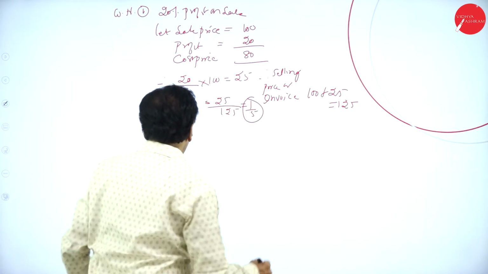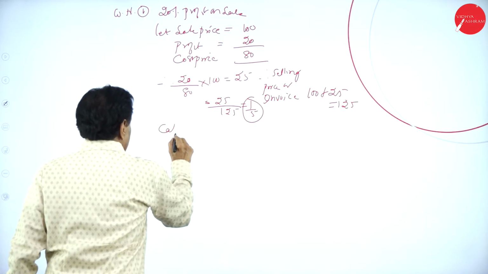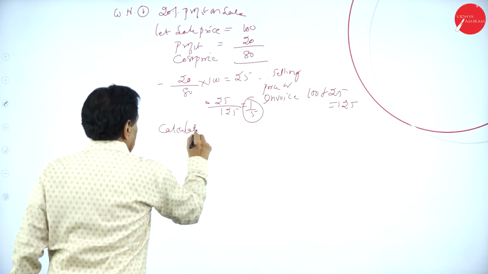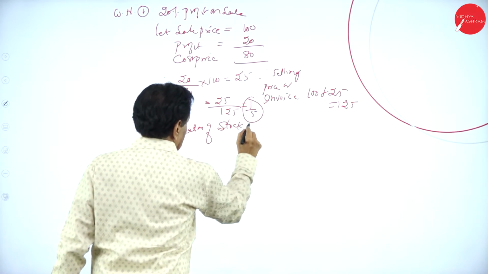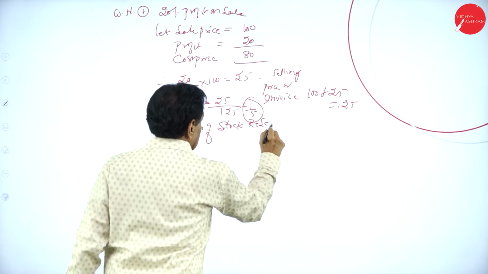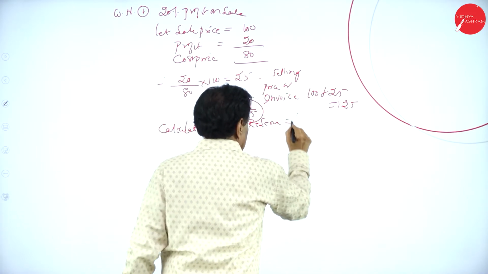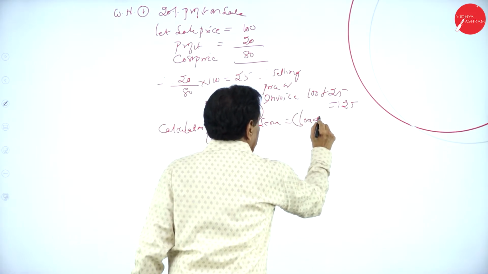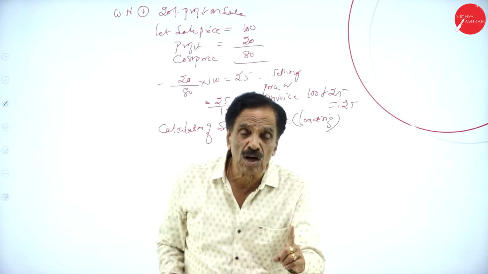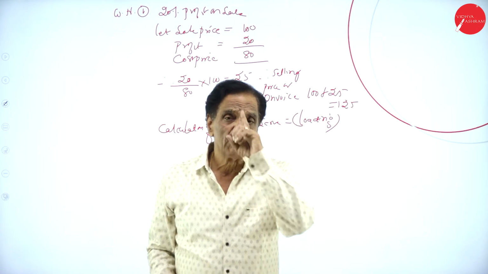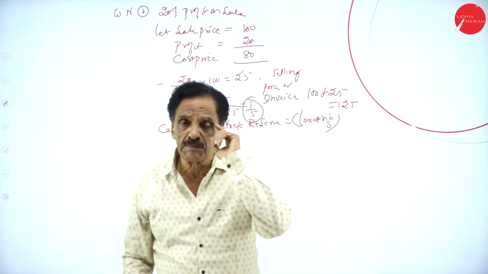We'll move on. Calculation of stock reserve, which in the bracket is also called loading. So we have to calculate 1 on opening stock, 1 on closing stock, 1 on goods sent to branch, 1 on goods returned by the branch.